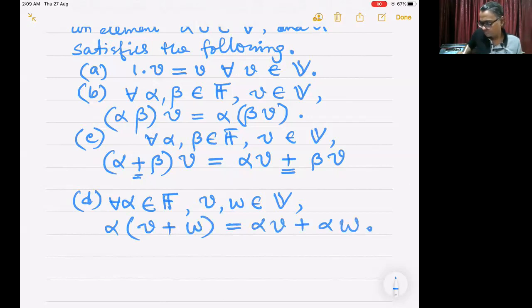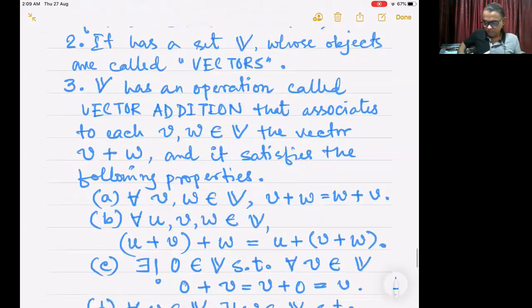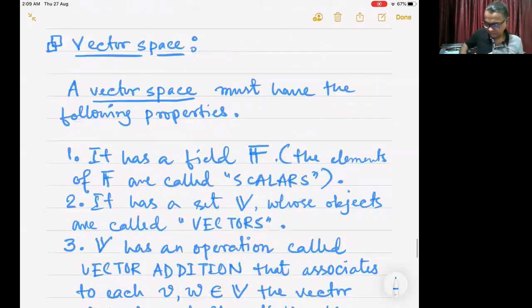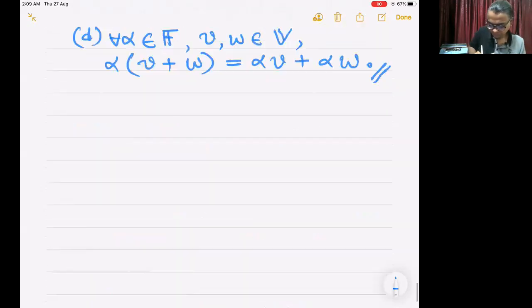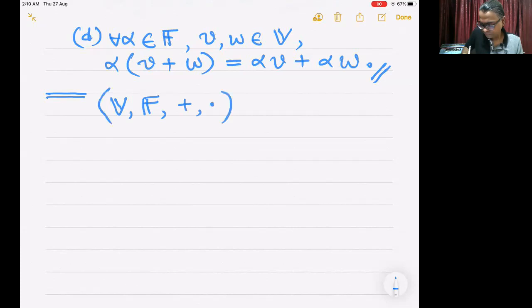These are the axioms that define a vector space. So the ideal way of writing a vector space would be V, and I must also say that there is this field and there is this addition and multiplication. This quadruple defines a vector space.